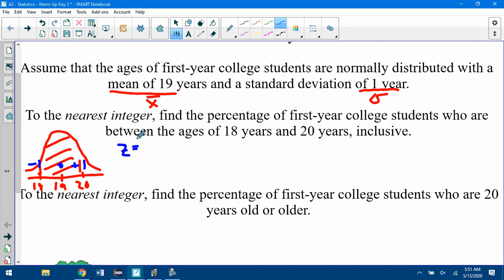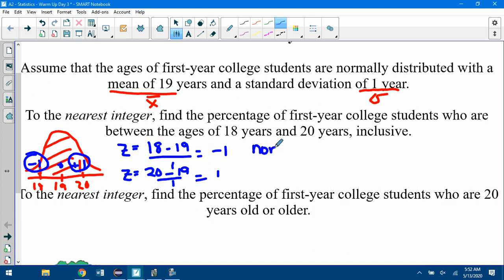So if I did 18 minus the mean over the standard deviation, that's -1, just like we said it would be. And if I do my second z-score, 20 minus 19 over 1, that's +1, just like we said it would be. So now if I want it between those two, I'll just do normal CDF.